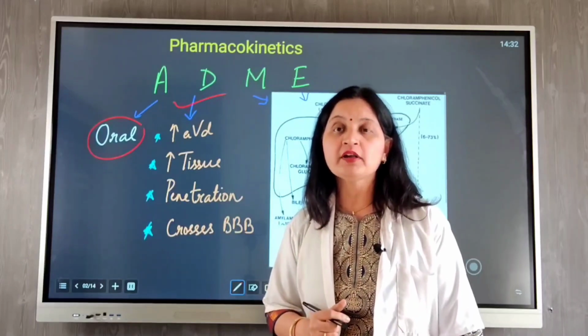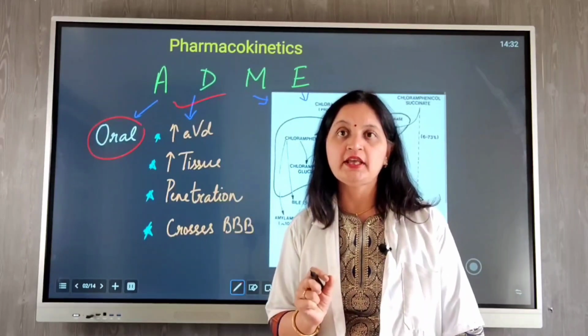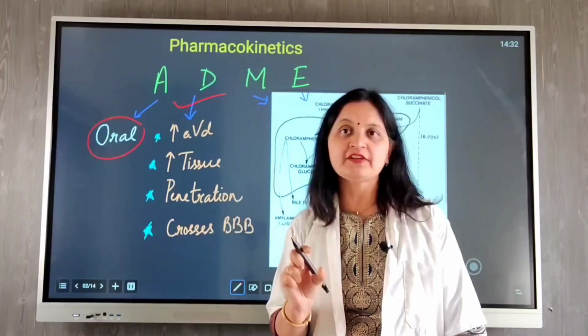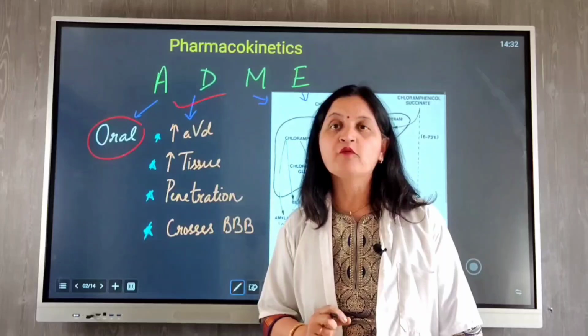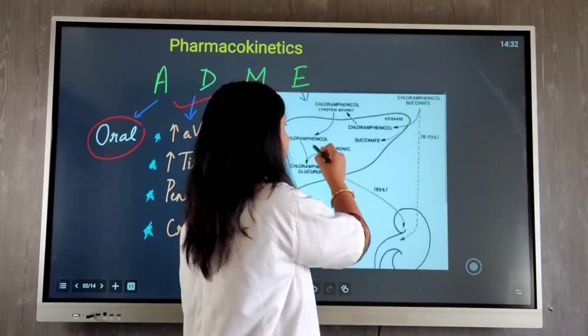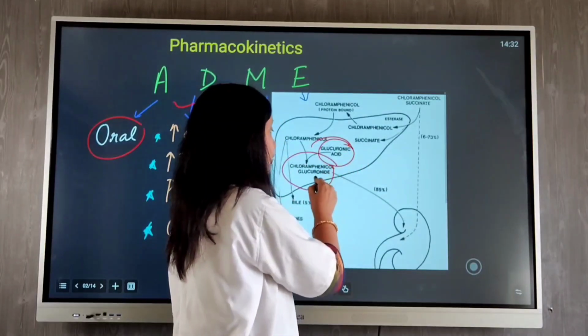When it comes to metabolism and excretion, chloramphenicol undergoes conjugation in the presence of an enzyme known as glucuronyl transferase, with the help of glucuronic acid. So chloramphenicol conjugates with glucuronic acid to form chloramphenicol glucuronide.